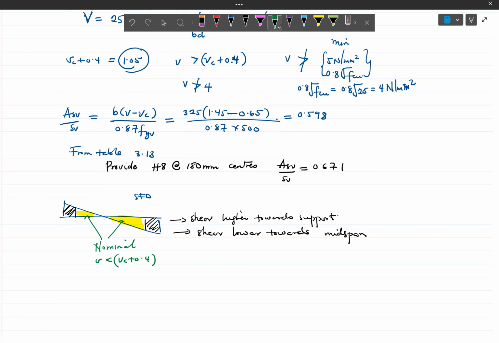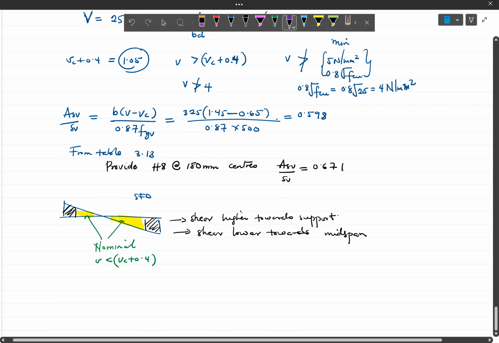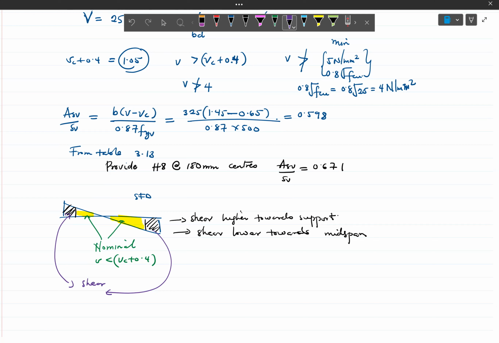But when we provide actual shear links, because in the end we still provide shear links, we need to design shear links, or what we call stirrups. That means that our v, which is the shear stress, is more than vc plus 0.4.